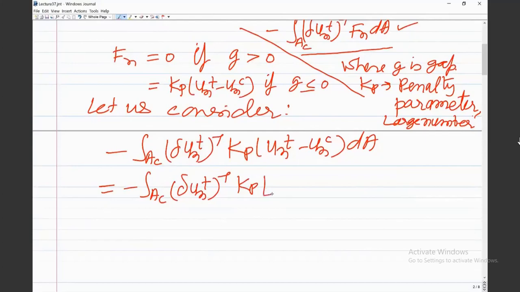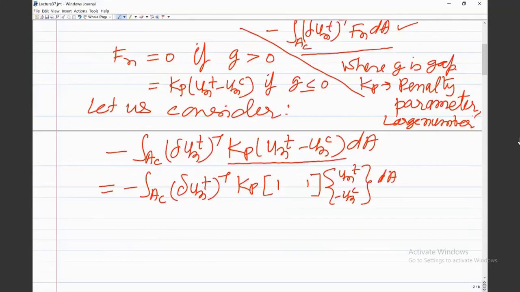So I'm putting here one row vector as 1 1, and then a column vector as UNT and minus UNC, dA. It will give you the same thing we have written over here. When you multiply this 1 1 into the UNT minus UNC vector, you will get the same thing.